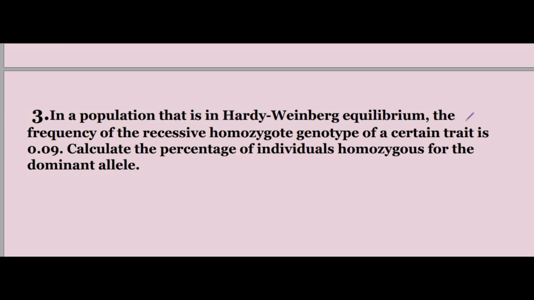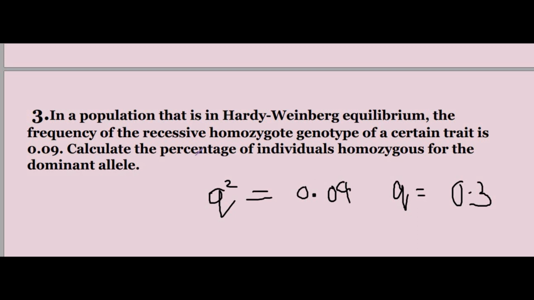So what is given in the question is the frequency of recessive homozygote genotype, which means the value given is q square, which is equal to 0.09. So the q value is 0.3.